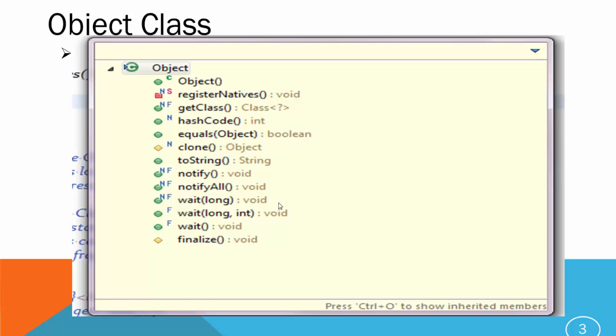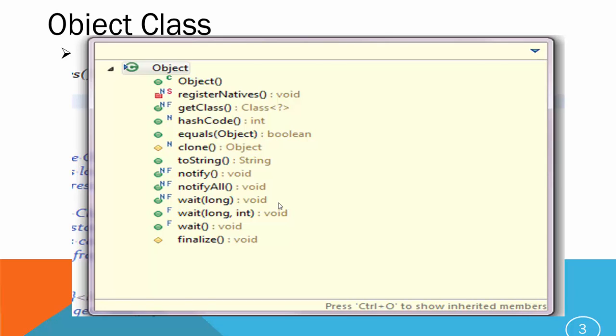toString is the method which will give the value of the content of the class. You might have seen many times where I have overridden the toString method. In toString, you can provide a custom message.